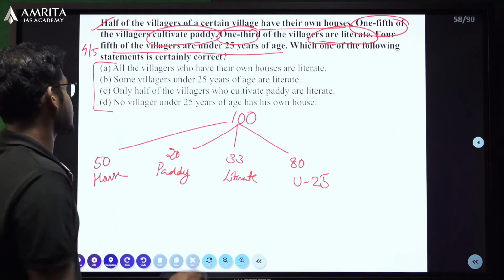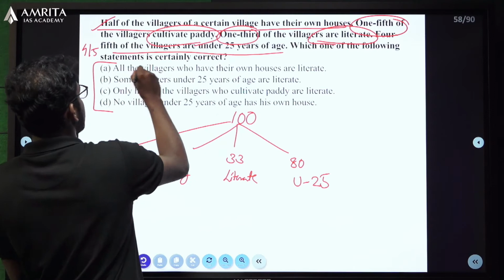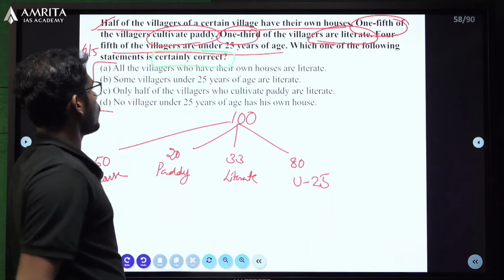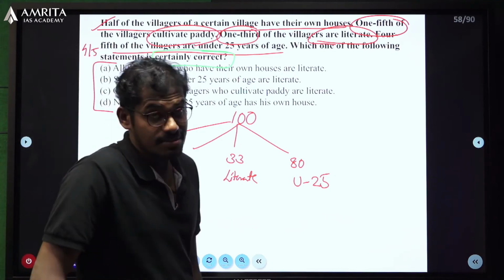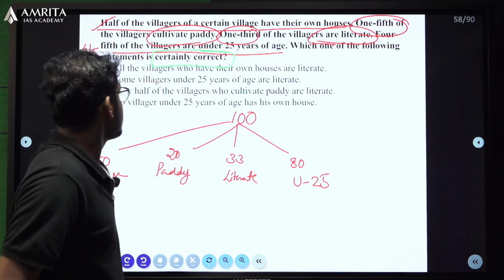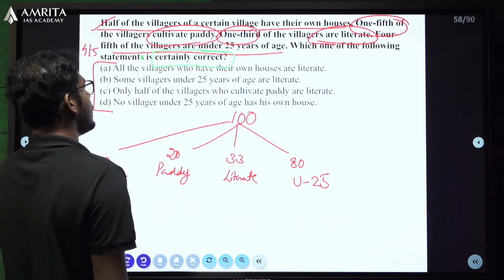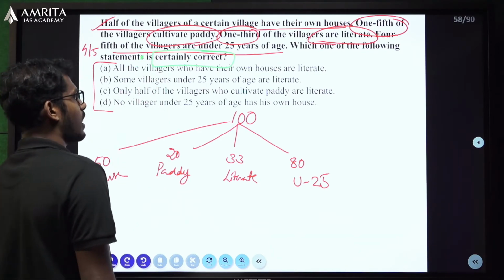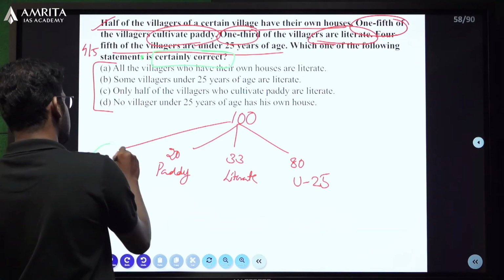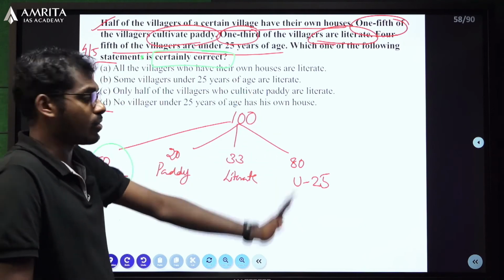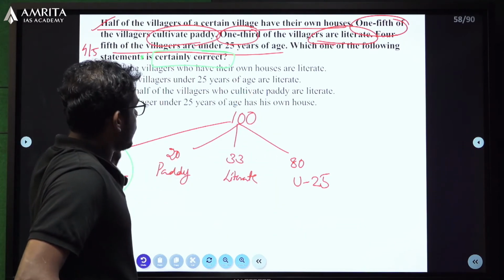The question says which of the following statements is certainly correct. All the villagers who have their own house are literate. There are 50 villagers who own their own house, and all the 50 are literate.